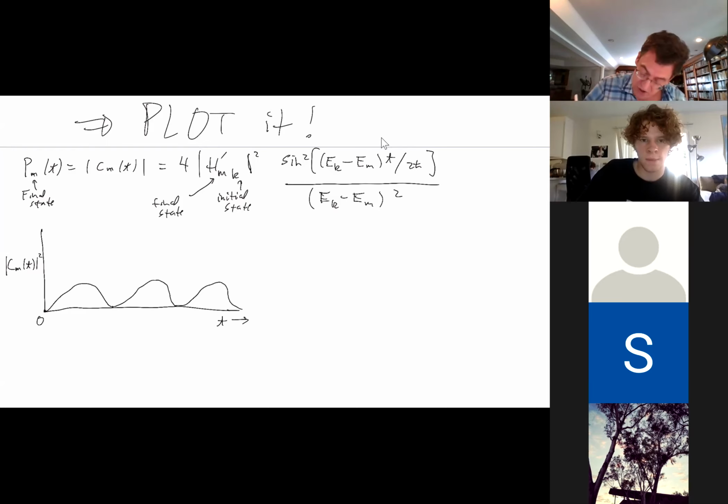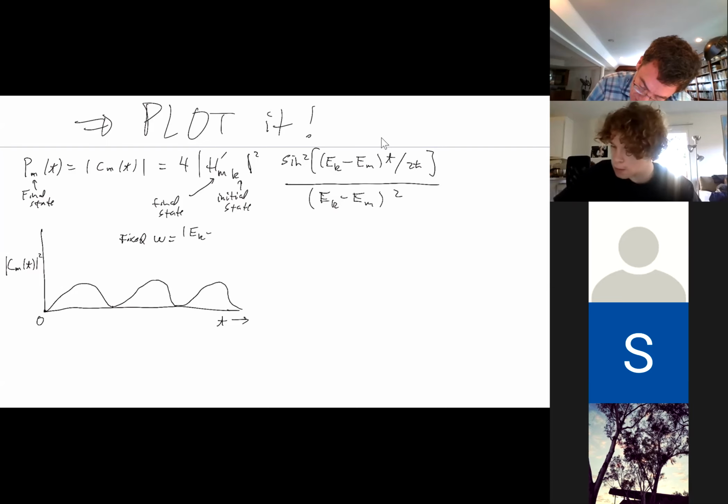And so this is for some fixed omega equals E_k minus E_m over h bar.